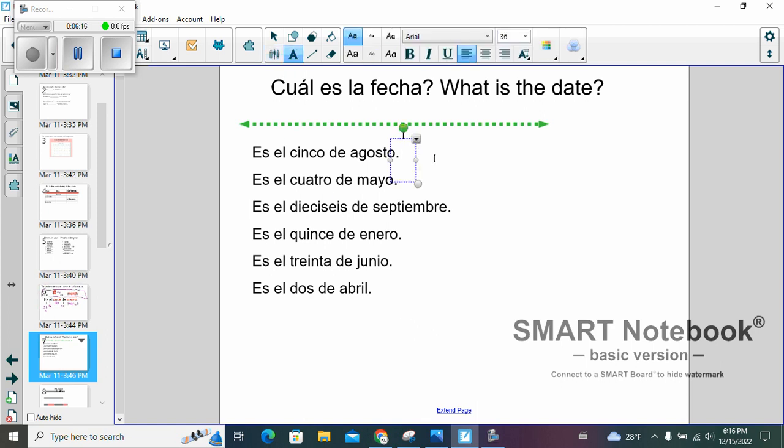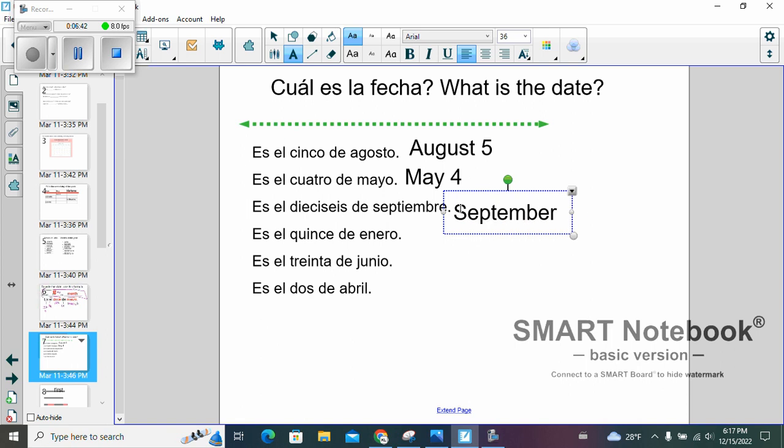Okay, so es el 5 de agosto, this would be August 5th. And our next one, es el 4 de mayo, would be May 4th. Es el 16 de septiembre would be September 16th.